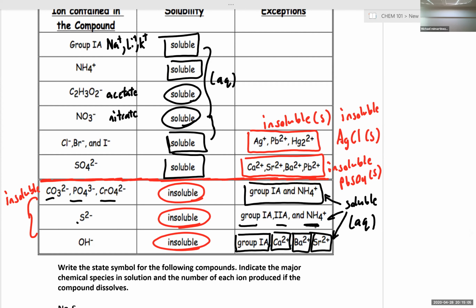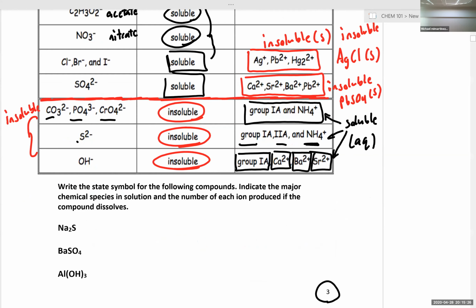Okay. Unfortunately, you are going to have to memorize these solubility rules, but many of these rules are redundant. For example, your 1A and ammonium salts are almost always going to be soluble.